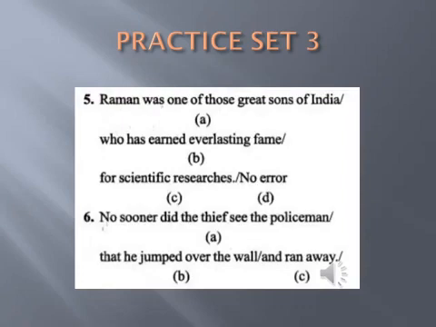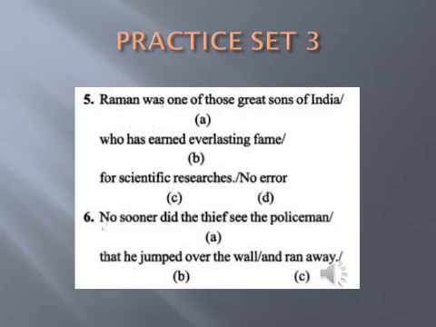Question number 5 on spotting the errors. Raman was one of those great sons of India, A, who has earned everlasting fame, B, for scientific researches, C. No error, D. Question number 6.